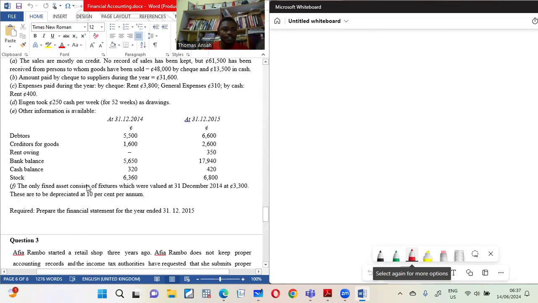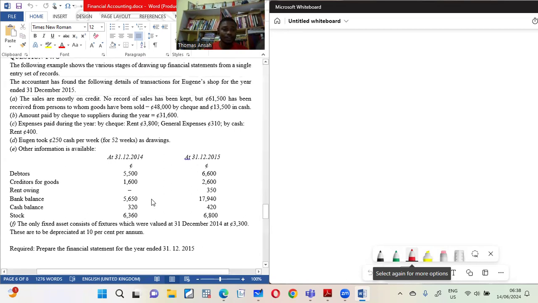The only fixed asset consists of fixtures which were valued at 31st December 2014, that is last year, at 3,300. They are to be depreciated 10% per annum, which means in 2015 we will do the depreciation. Depreciation is part of the end of year adjustment, and we will look at that later.